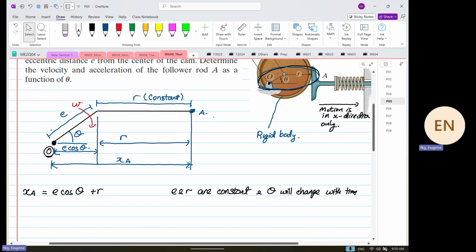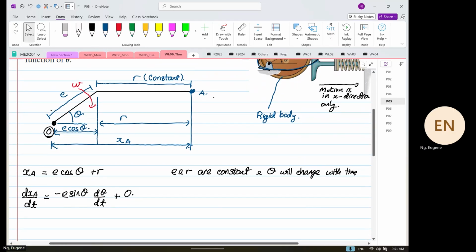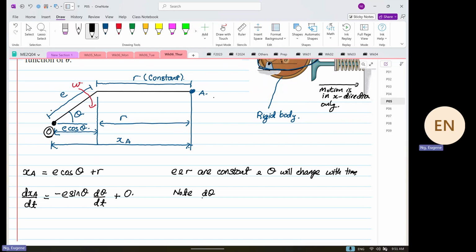Right? So from here, you do dXA over dt. This will be equal to minus E sine theta d theta by dt plus 0. When you differentiate the radius R, which will not change with time, you get 0. And then we note d theta over dt happens to be equal to what?